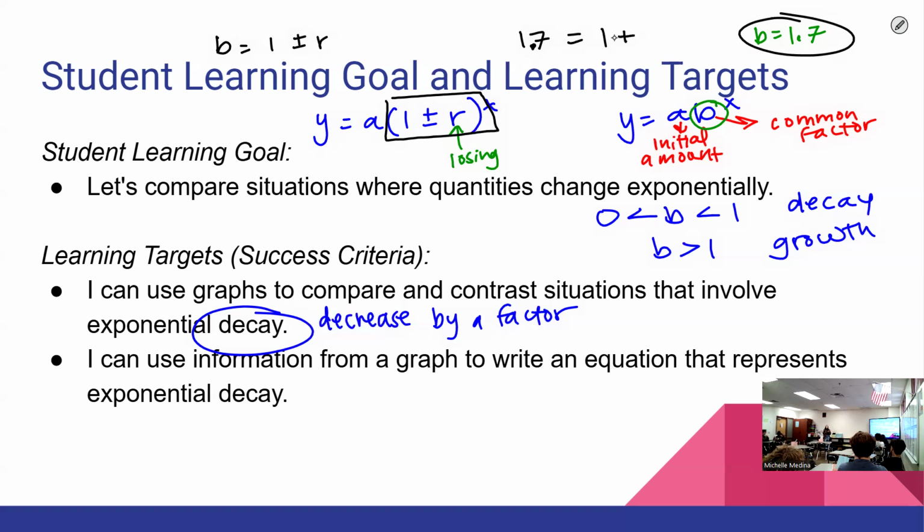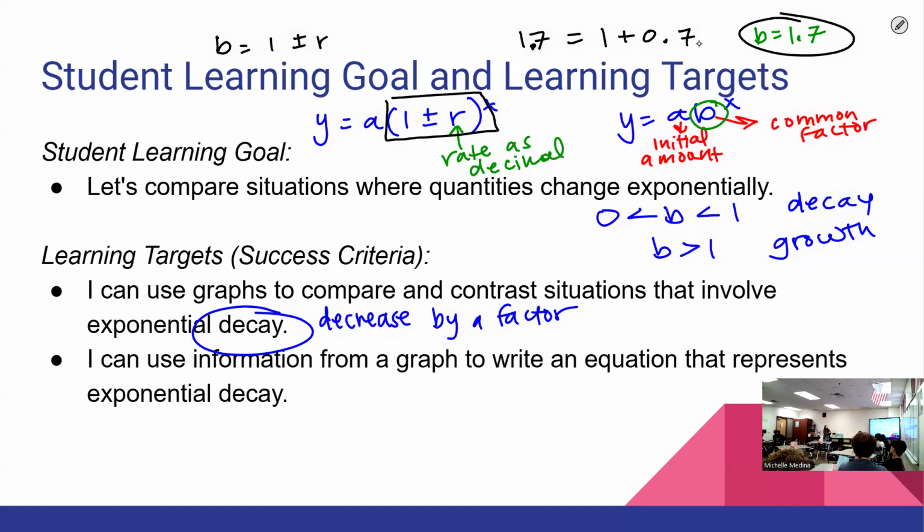What would I have had to add to 1 to make it 1.7? 0.7. So this is growth because B ends up being greater than 1, and it grew by 70%. Remember we said R is the rate as a decimal, so the equivalent percentage is 70%.